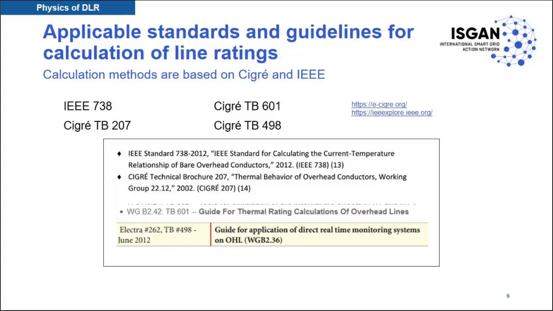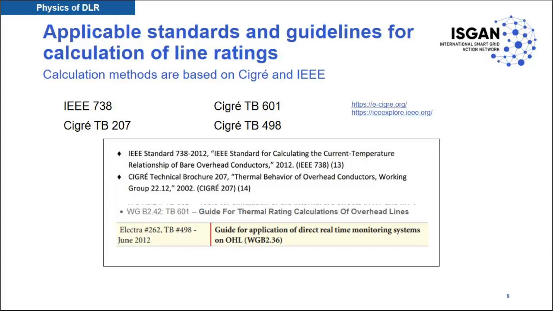The most important to remember, if you want one, is the IEEE 738 here on the left, which is what we call the thermal model. There is also a CIGRE thermal model. They are relatively similar.